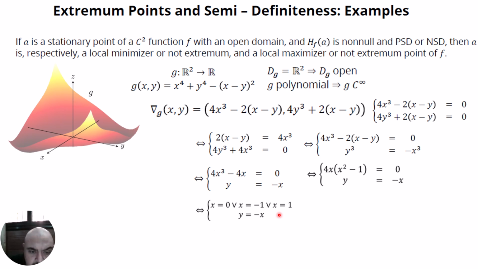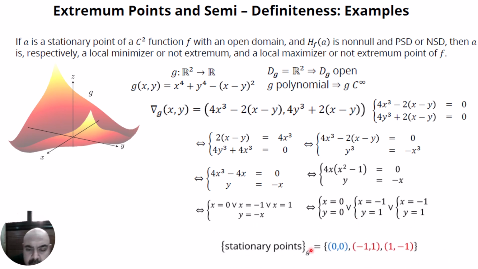So the critical points will be 0 and 0. Then if x is equal to negative 1, y is positive 1. Then if x is positive 1, y will equal negative 1. So these are the values, and you will have 3 critical points or stationary points. These points need to be investigated. They are probable candidates for extremum.